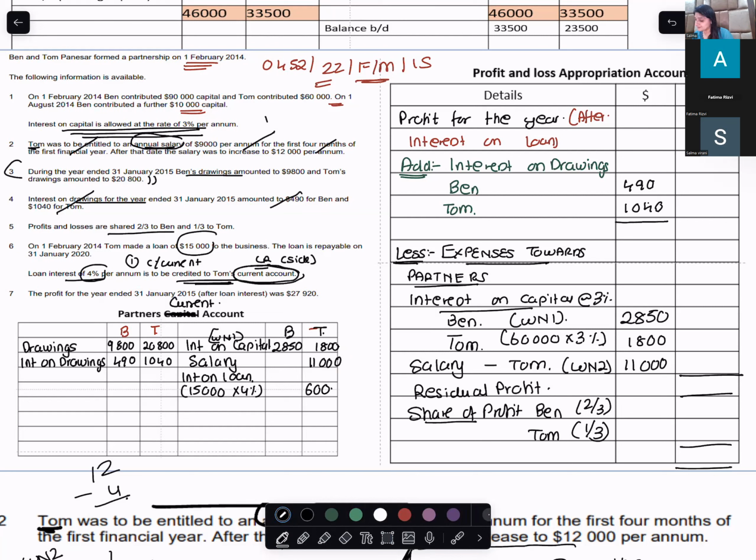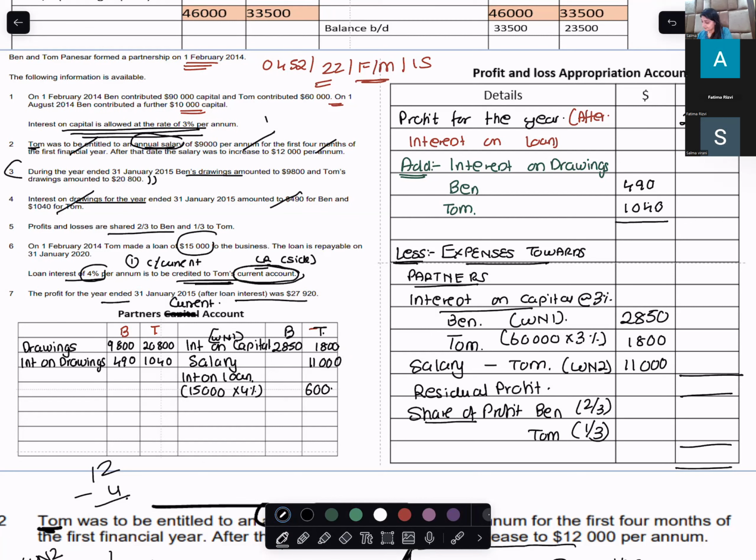Are you with me? And profit after loan interest is 27,920. So I need profit after the loan interest only.